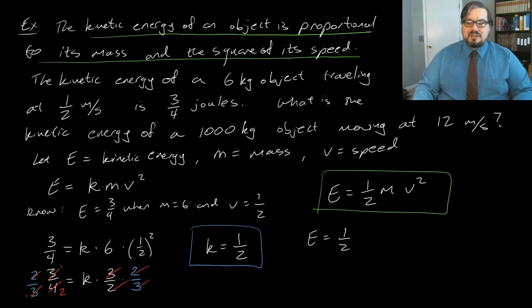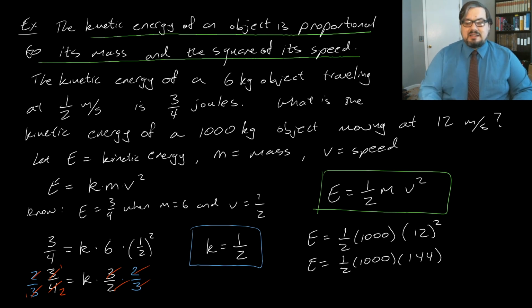So to answer that, we'll take 1/2 times 1,000 for the mass of the object times the speed of the object squared. So that's going to be 1/2 times 1,000 times 144.